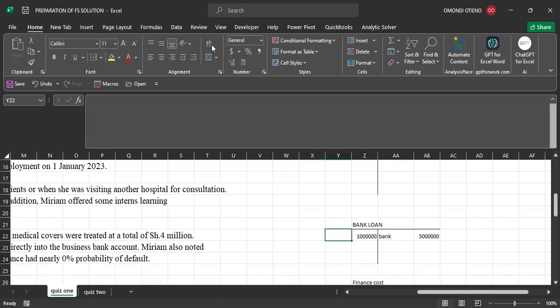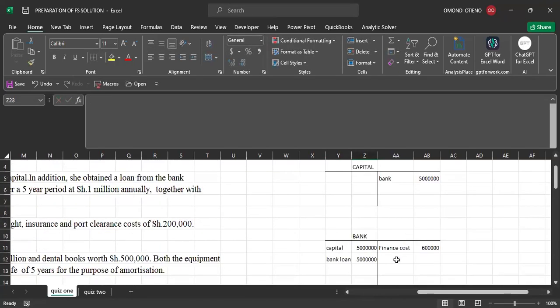Which account will be credited? Debit bank loan, credit bank. How am I reducing the liability? By taking money from my bank account. So let me go to my bank account and show that bank loan is taking money from my bank account, of how much? 1 million.